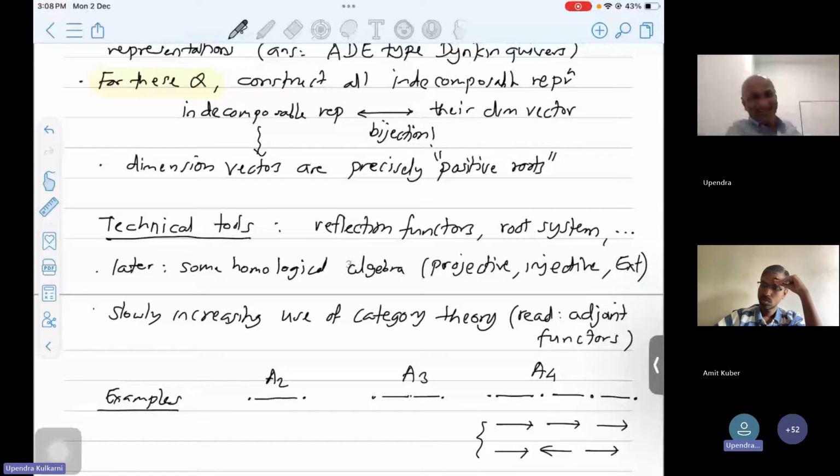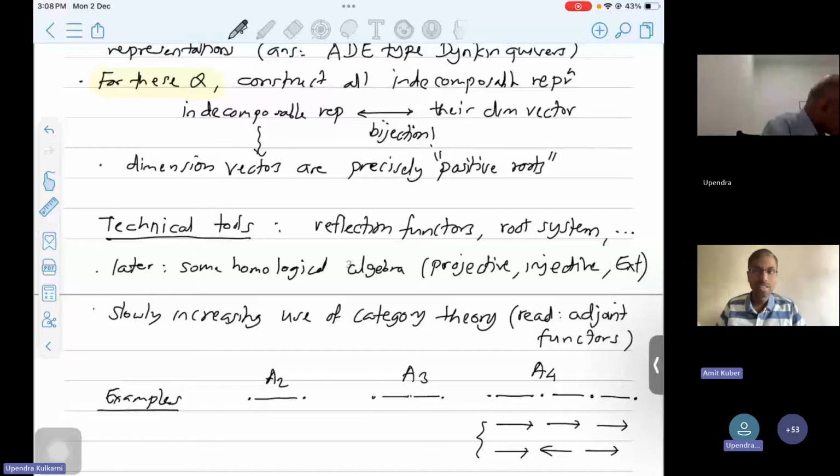Maybe Amit, do you want to say anything perhaps on this, or you'll say later? No, I don't think I was paying attention to the question itself. I couldn't hear it properly. So the question is, if I change the orientation, let's look at A4, and I have written two orientations over here. The theorem says that the indecomposable representations, their dimension vectors are actually the same.